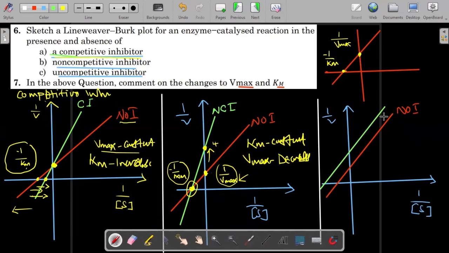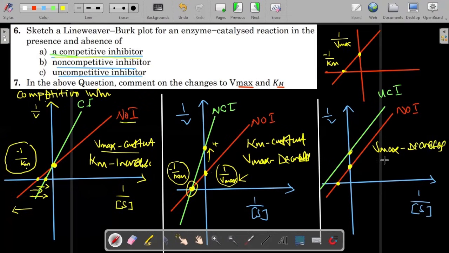Okay, so we're going to say this green line here is an uncompetitive inhibitor like that. So you see these two lines, the red one and the green one, are just parallel. So what has happened? Remember, this was the Vmax, this was the Km. So this Vmax has moved up, just like it did here. It has moved up. So it means the Vmax there decreases.